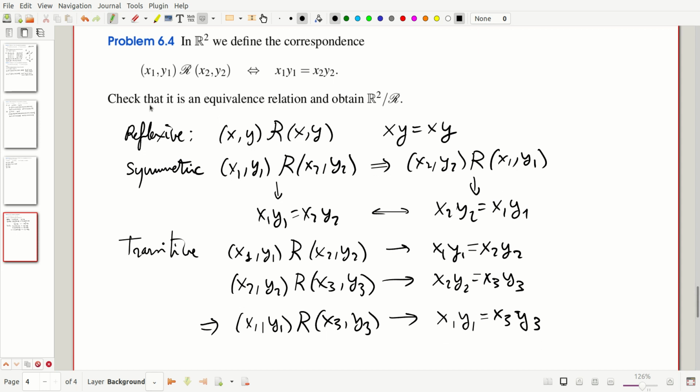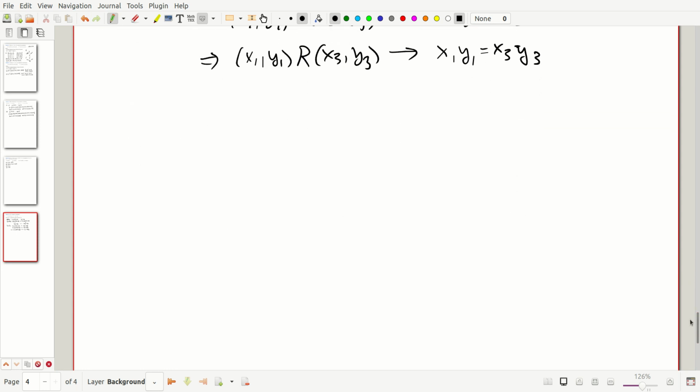And then what we have to do is to obtain the quotient set, which means we have to take the R2 and find the equivalence classes with respect to the equivalence relation R that we have just defined.